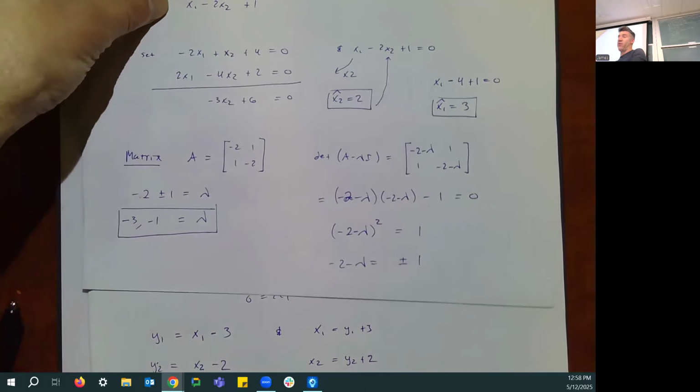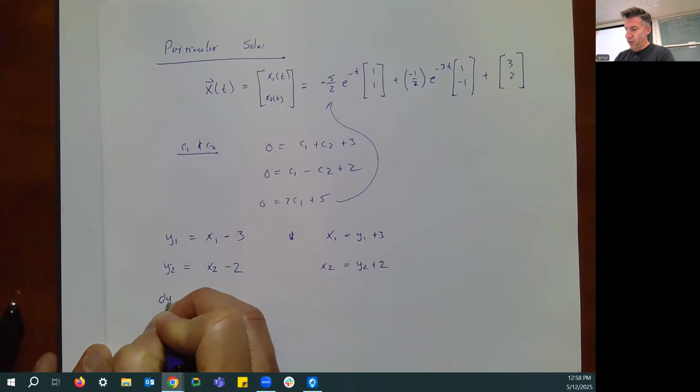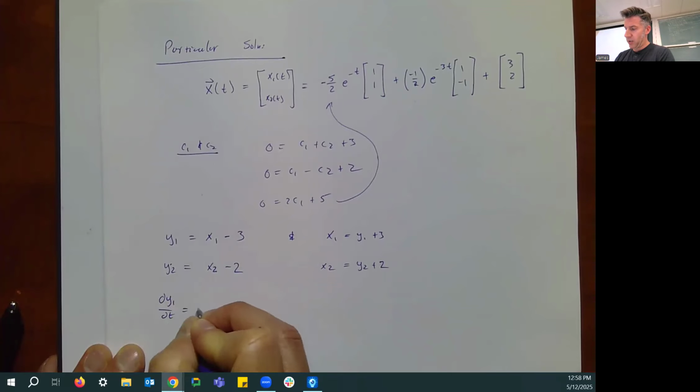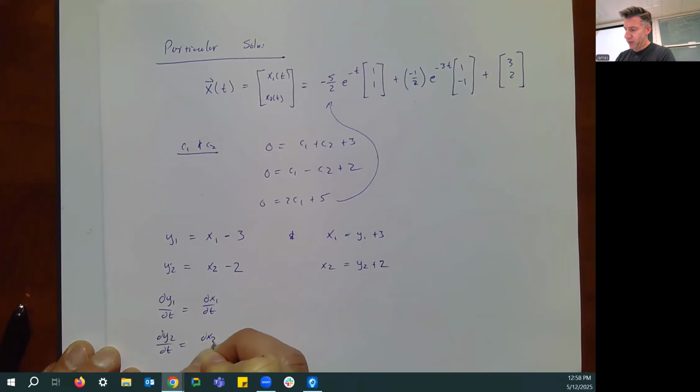And then we can see that the differential equations give us the same stuff. dy1/dt is just equal to dx1/dt, and dy2/dt equals dx2/dt.